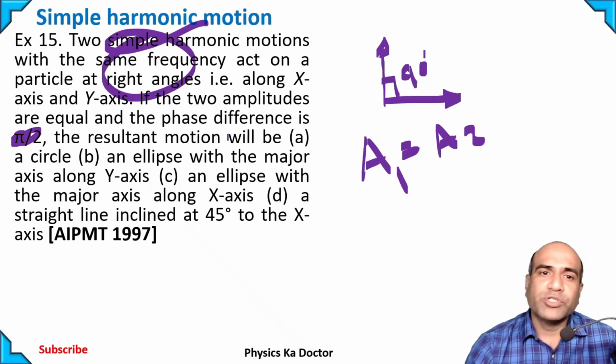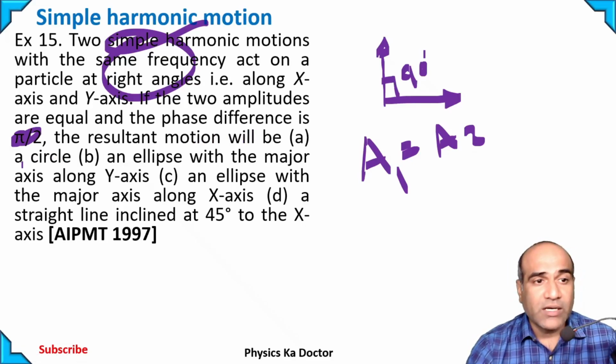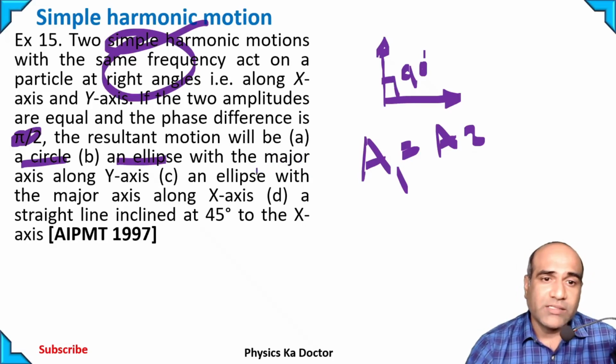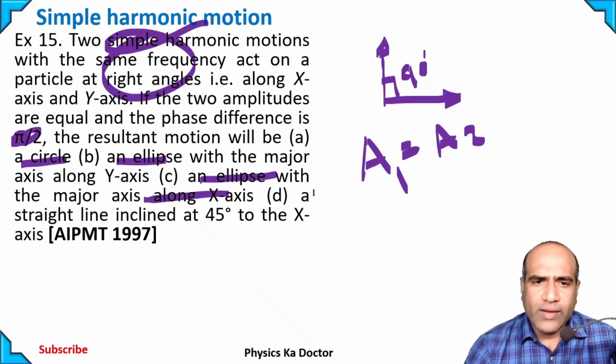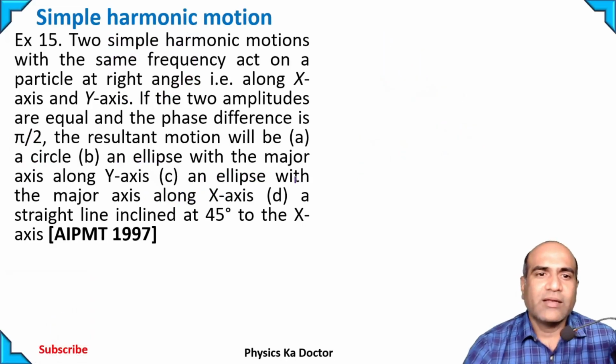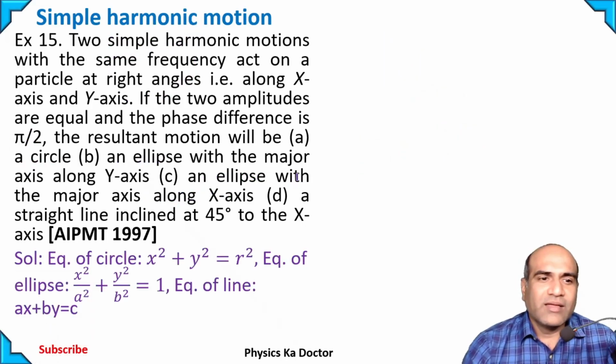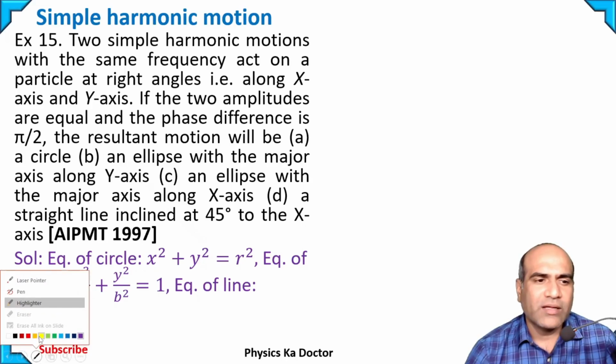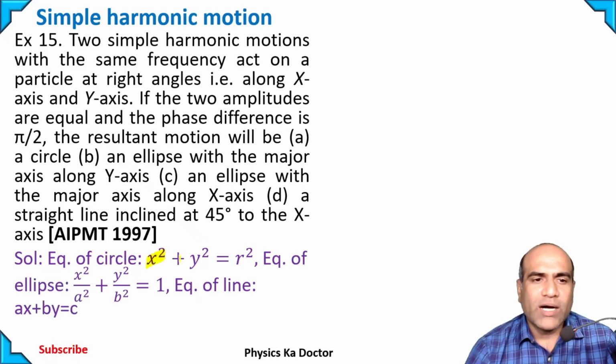The resultant motion will be a circle, an ellipse with major axis along the y-axis, an ellipse with major axis along the x-axis, or a straight line. Do we know the equations of all of them? Let's see. Equation of a circle: x square plus y square equal to r square.